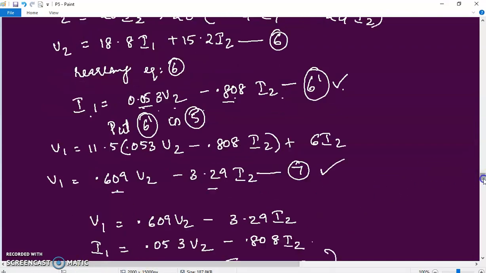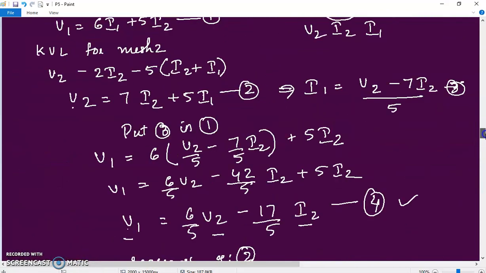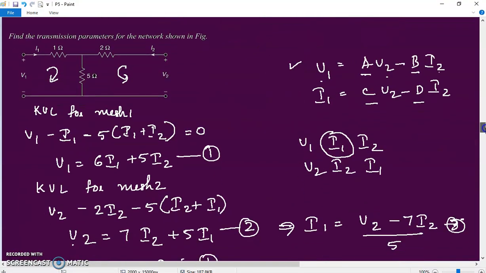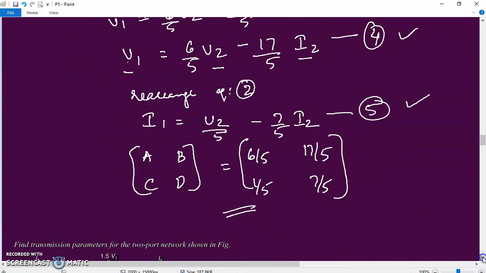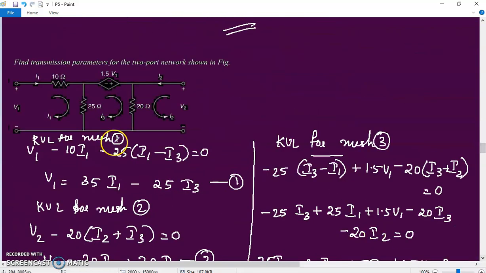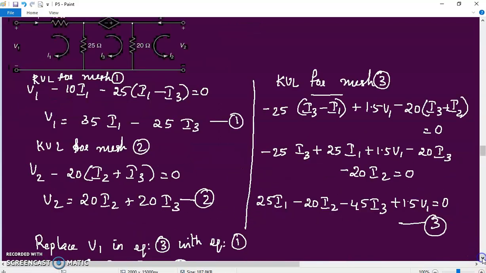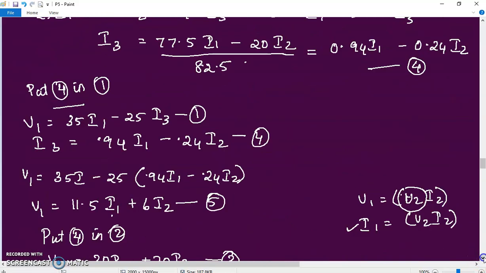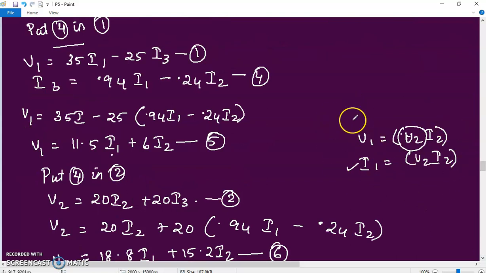So if we get a problem with no resistors in this branch, then we can write the KCL at these two nodes to write the equations, and on rearranging it to the basic ABCD parameter equation form, we can get the ABCD parameters of any network.